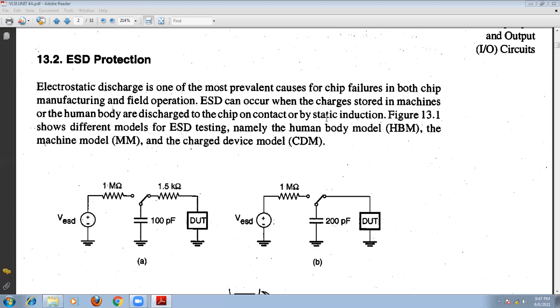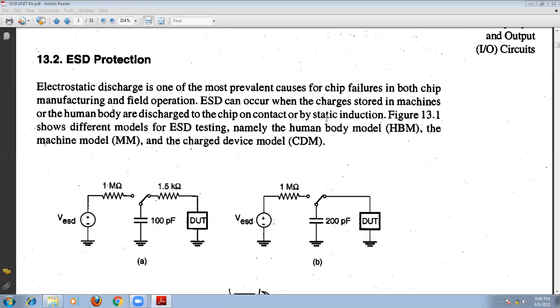When people walk on a synthetic carpet, in an environment with approximately 80% humidity, the human body generates 1.5 kilovolts. Otherwise, you can consider that for every step per second, the body can generate 300 volts.